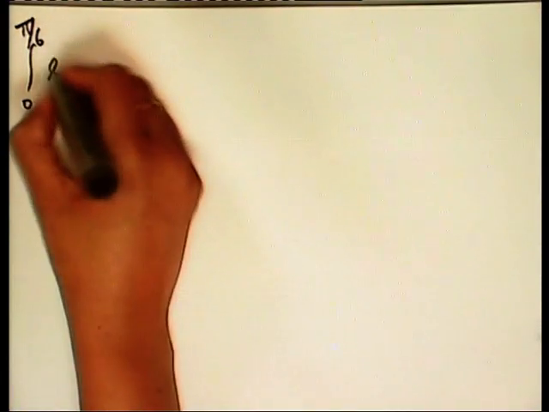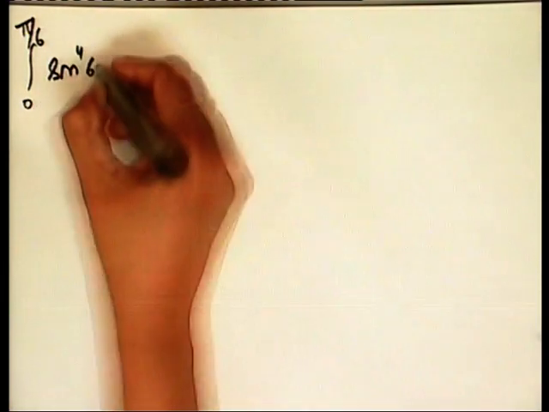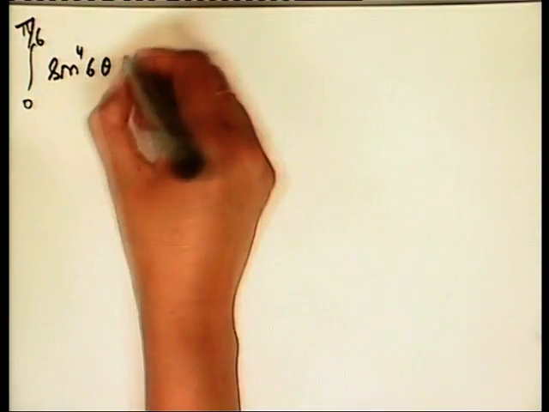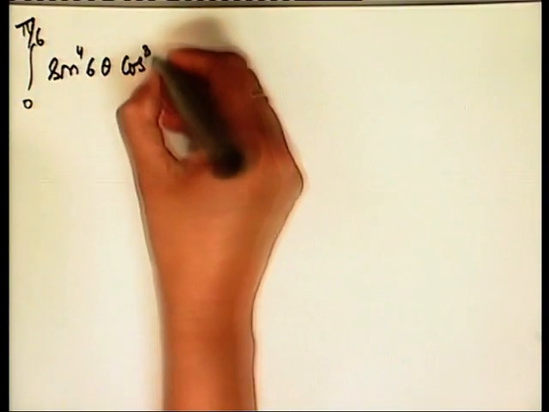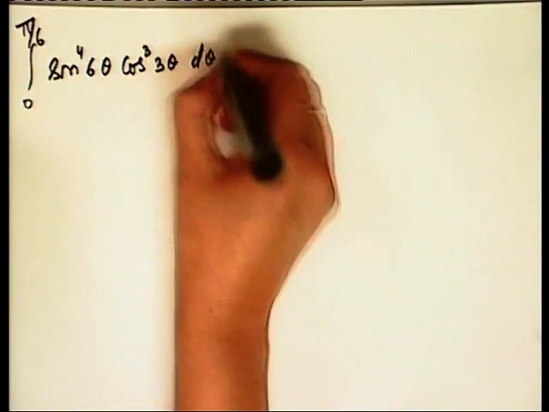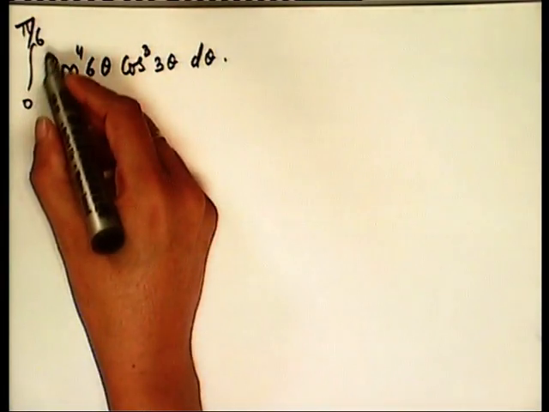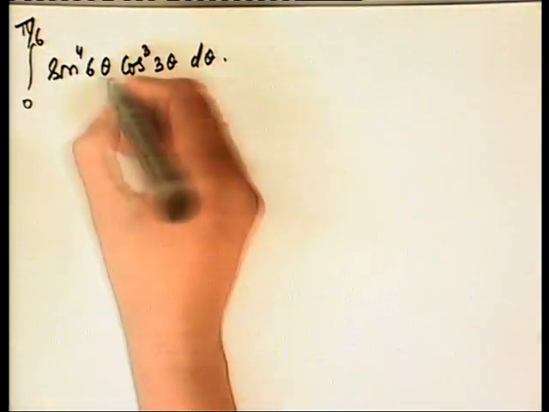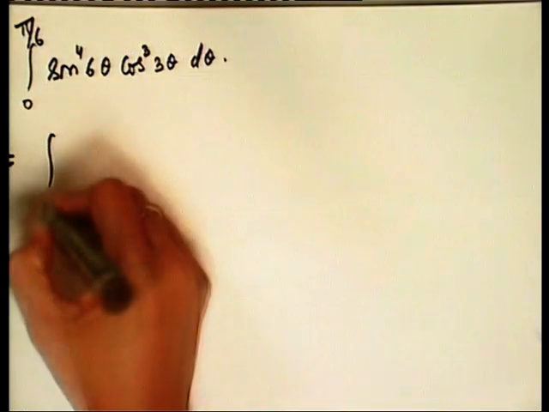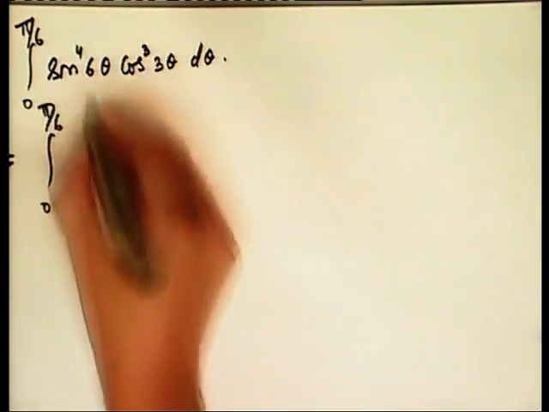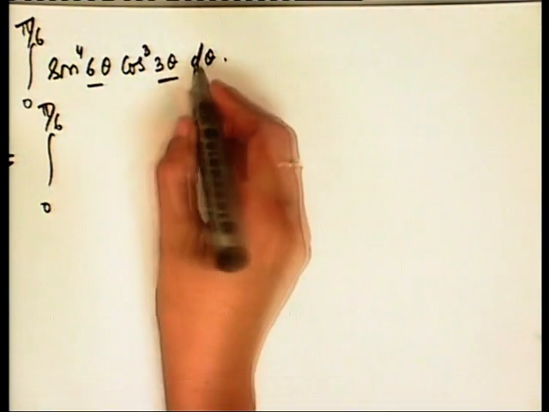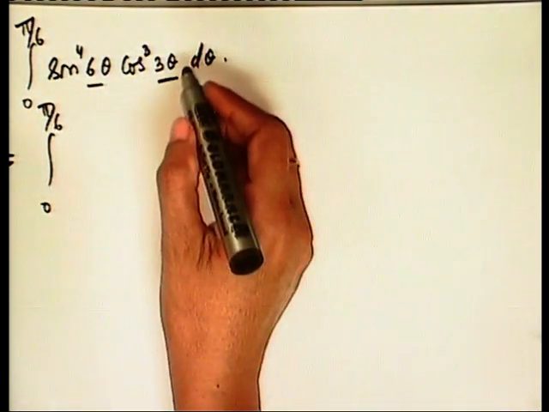Another question is when the limit is not 0 to pi by 2, say the limit is 0 to pi by 6, sin raised to power 4 of 6 theta and cos cube 3 theta d theta. First of all we have to make the limit 0 to pi by 2. Here this is 6 theta and this is 3 theta.